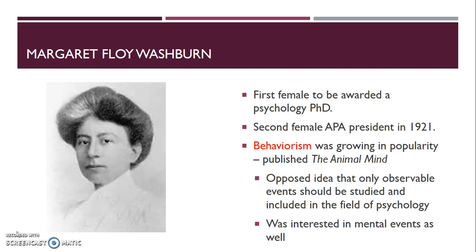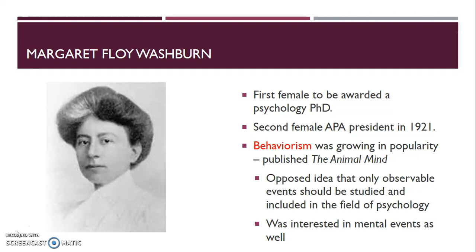And in a time when behaviorism was growing in popularity, which is just a field of psychology we'll talk about later, Washburn published something called The Animal Mind, which opposed the idea that only observable events should be studied and included in the field of psychology. She was interested in mental events as well. So she's saying, like, we can't just study things that we can see.